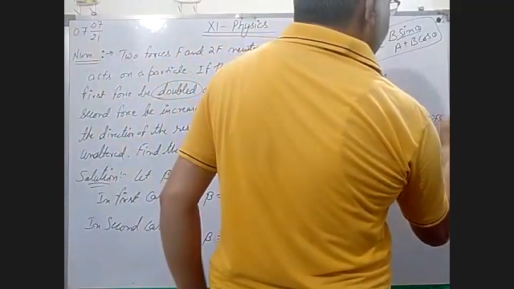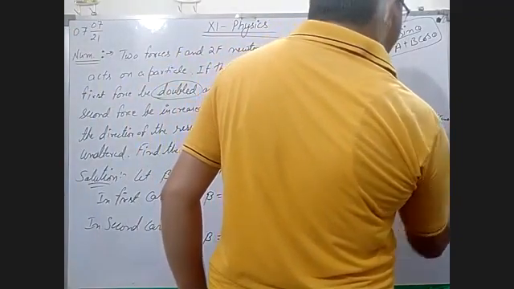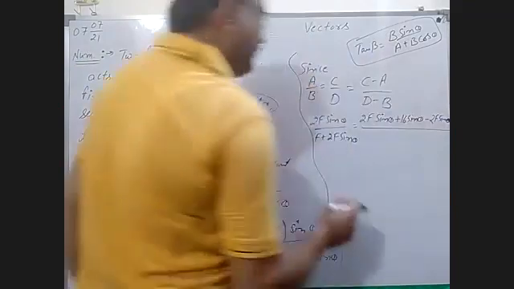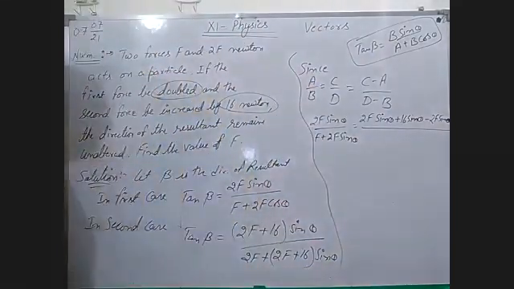Similarly, in the denominator part, you have to write D minus B.